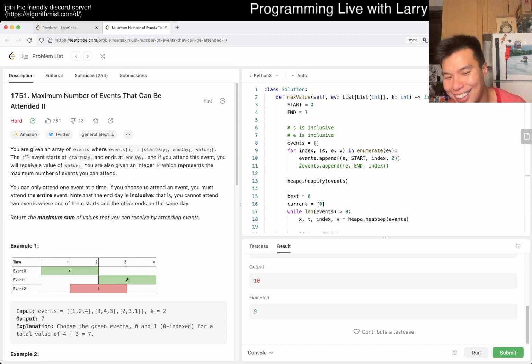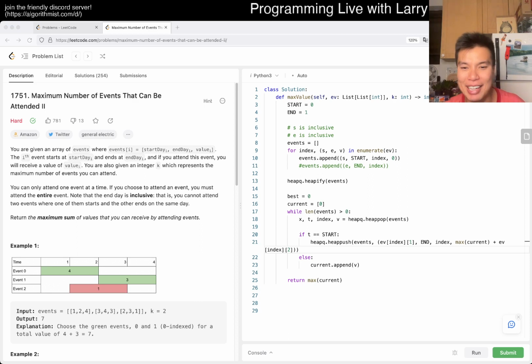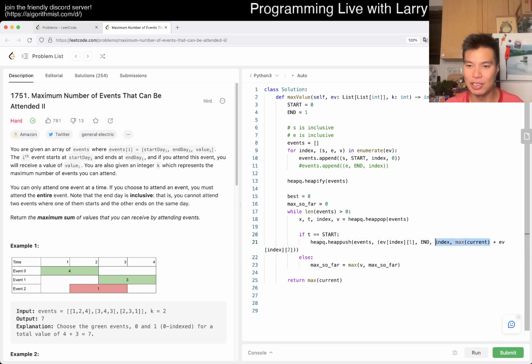So okay. If there was no K, this would be it, and then I was going to say something like, you make an observation based on the fact that current would always be like max so far, and so then now at the end you just have max so far is equal to max of v and max so far, because this is monotonically increasing, as you can see, right?